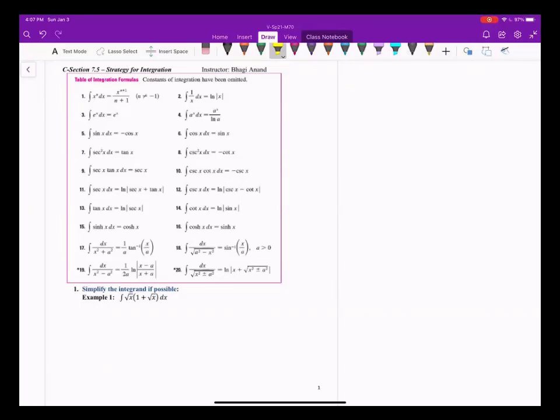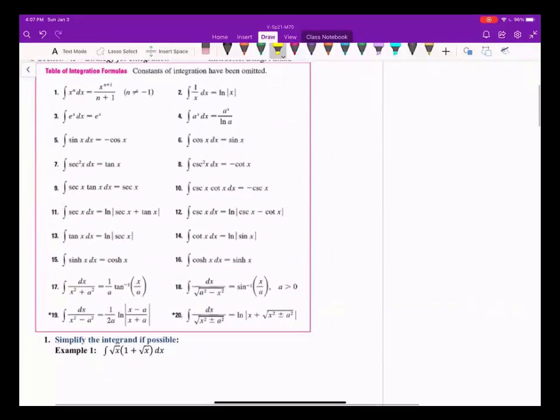Now in this section, we are going to see some strategies and how we recognize the integrand, and then apply a proper integration technique. In your earlier classes, you have learned some of the basic integration formulas, like the power rule, the first one: integral of x to the n is x to the n plus 1 over n plus 1.